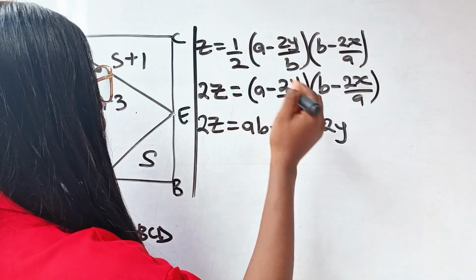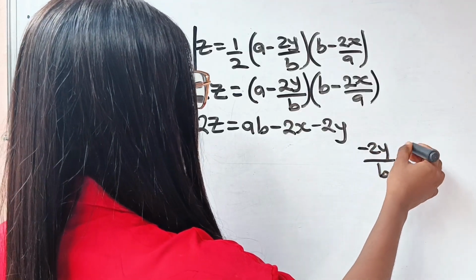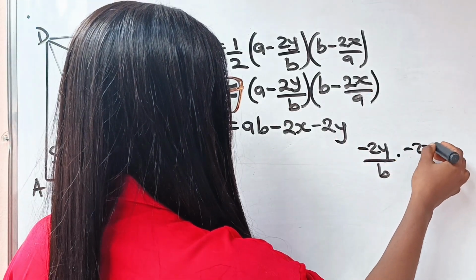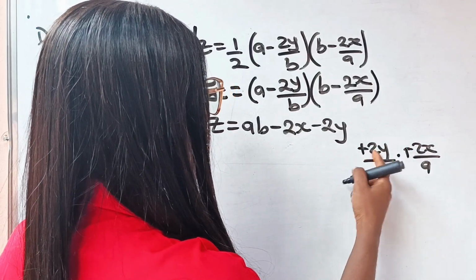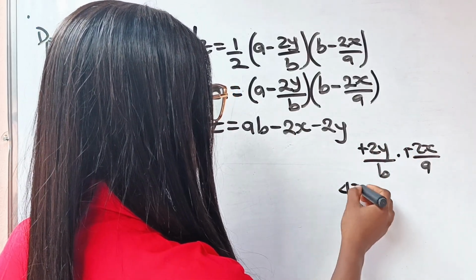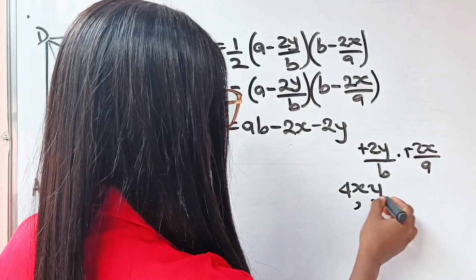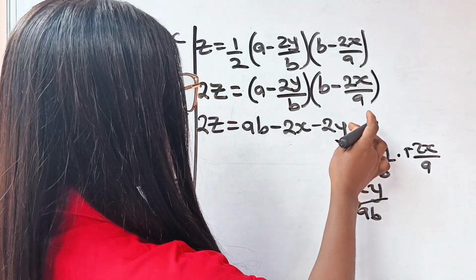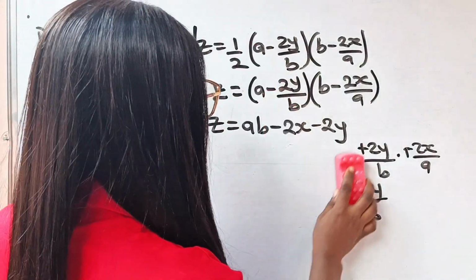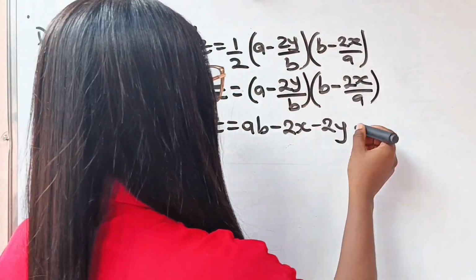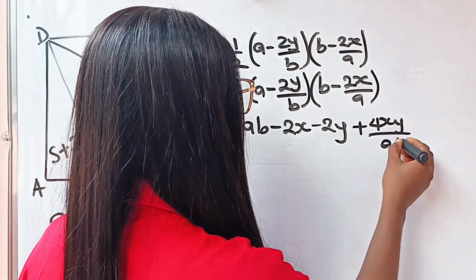And then I have minus 2y over b multiplied by minus 2x over a. Minus times minus is plus. 2y times 2x will give us 4xy, right? A times b is ab. So what I will have here is plus 4xy over ab.